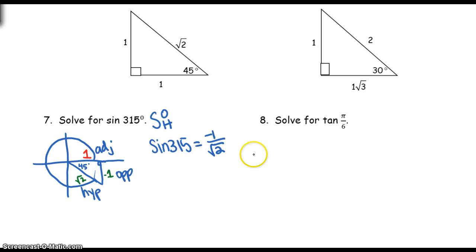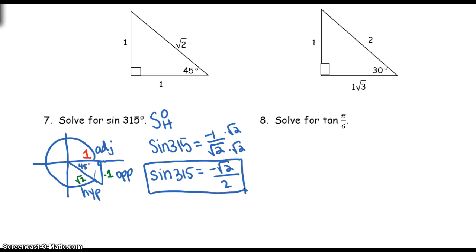But you know you can't leave that, right? Because you have to rationalize the denominator. So we'll multiply the top and bottom by root 2. So sine of 315 equals -root 2 over, what's the square root of 4? 2. And you have sine of 315.